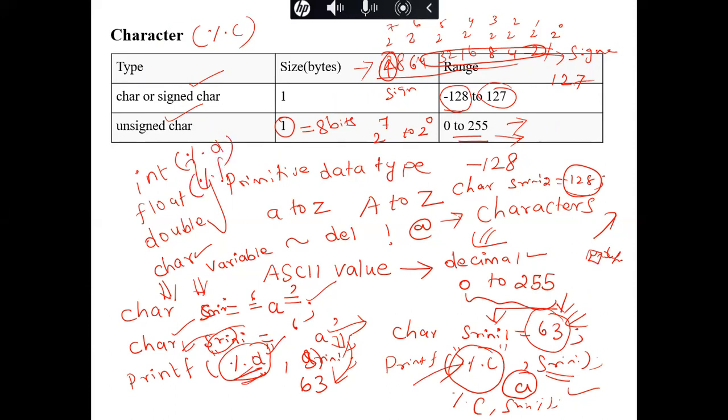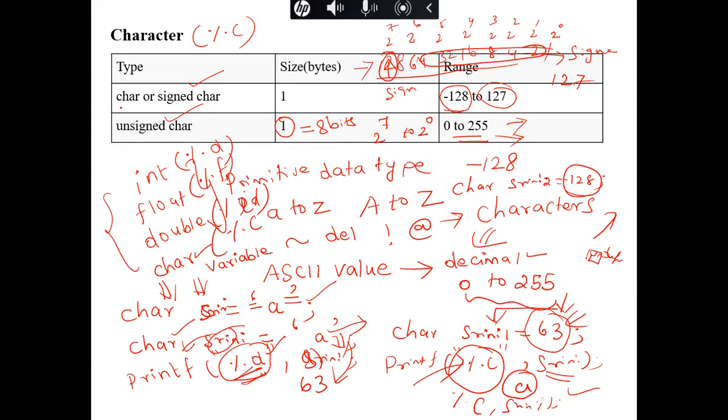For float, %f. For double, %lf, and for long int, %ld, and character %c. For a small int they might also use %i. We will discuss the access specifiers briefly in the upcoming videos.